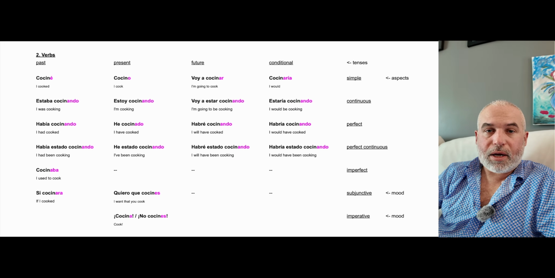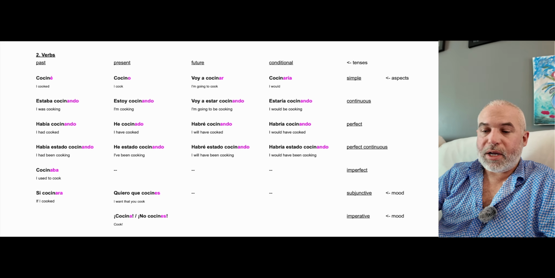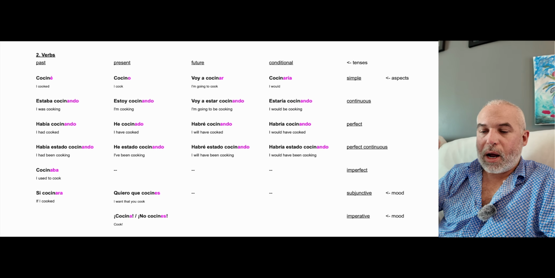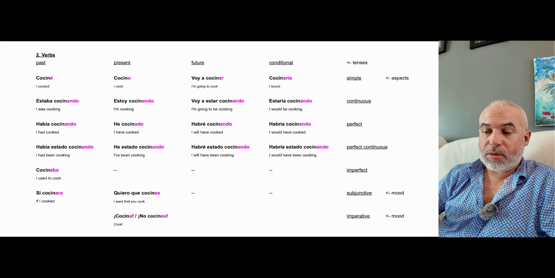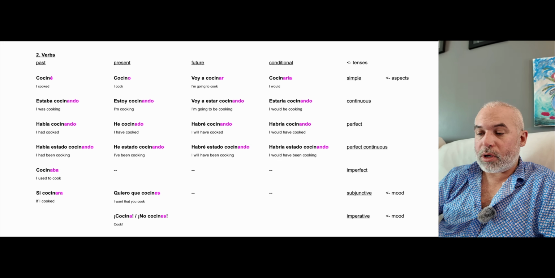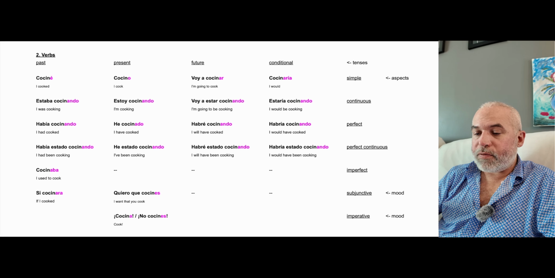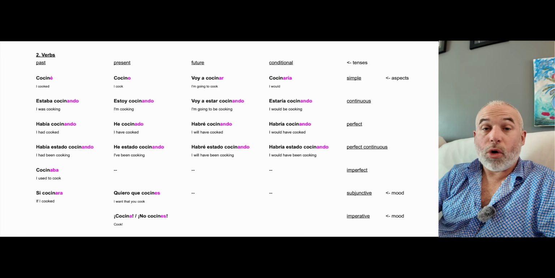Si tuviera que, if I had to do that, si tuviera is in the subjunctive past, okay? I want you to do this, so quiero que cocines, that's your subjunctive mood, which everyone loves and should love. Subjunctive mood is awesome. And finally, imperative, just do it. Cocina. Or no cocines, okay?